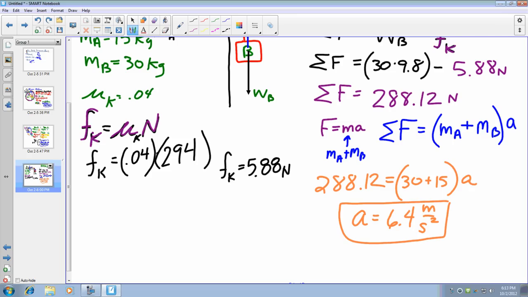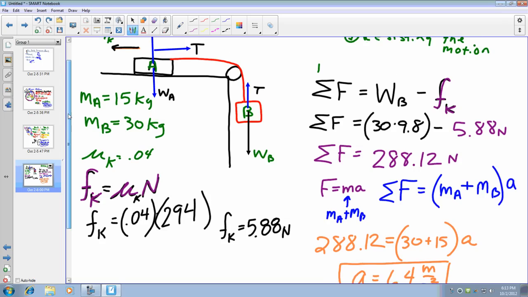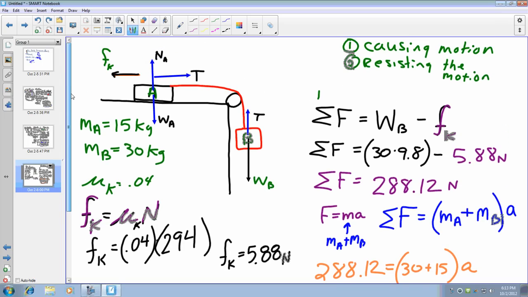Woohoo! All right. What I like about this model is it does not require any crazy canceling out, but just really thinking about things conceptually. Here is our sum of forces. What is going to be causing that motion? What is going to be resisting that motion? Then do a little plugging and chugging. Nicer, more comfortable math for us.